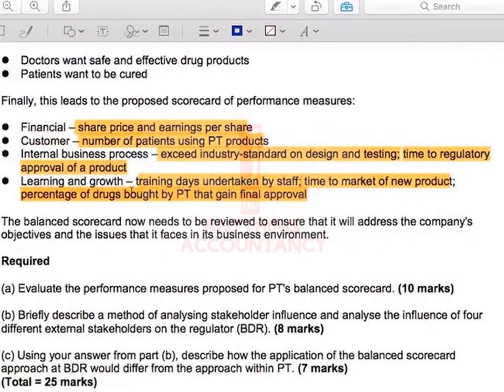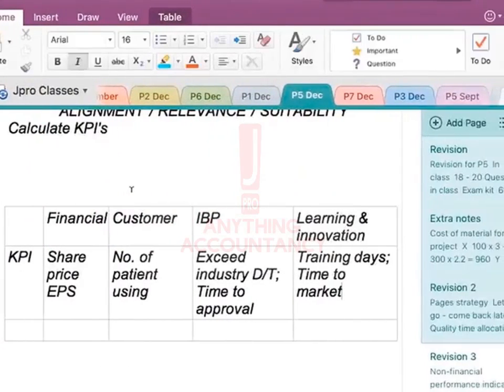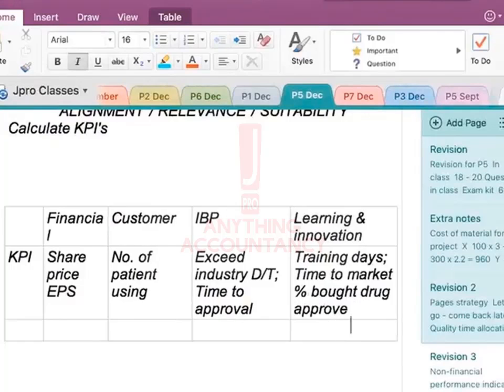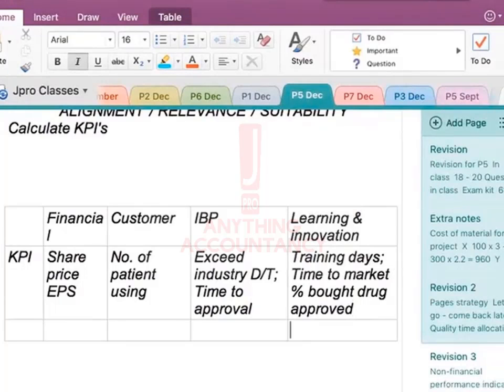Last one is percentage of drugs bought that are approved, yes or not? Okay, this is your examiner's first design.